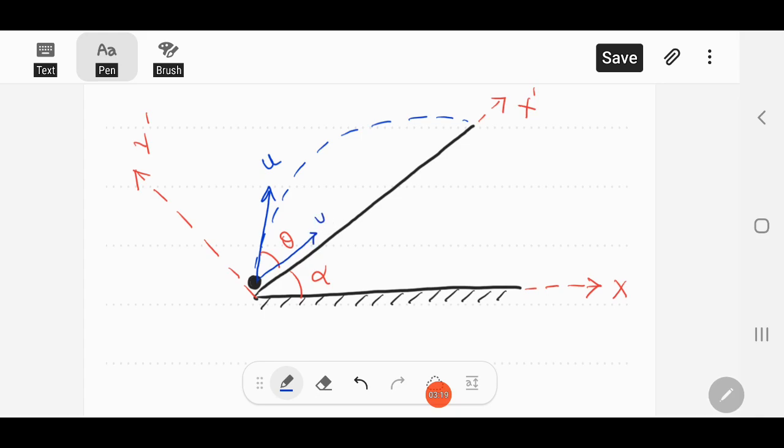One is the horizontal component ux dashed 0, where 0 stands for initial, and uy dashed 0, which is the vertical component of the initial velocity vector.